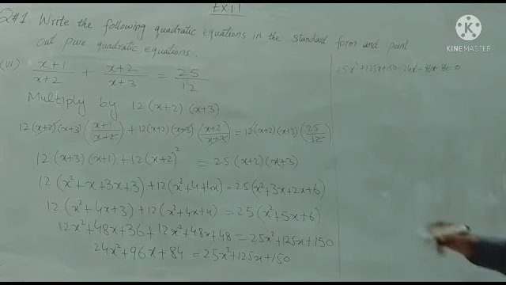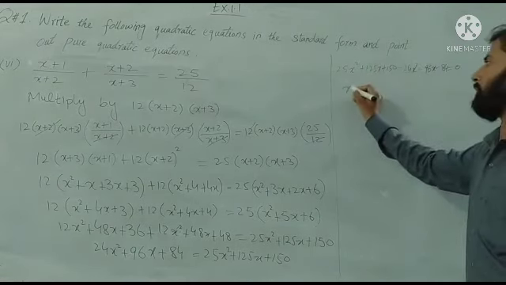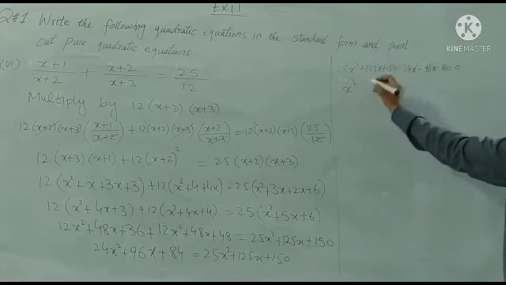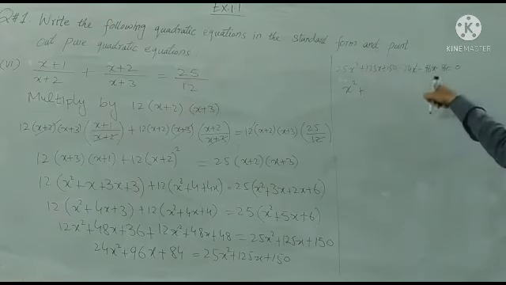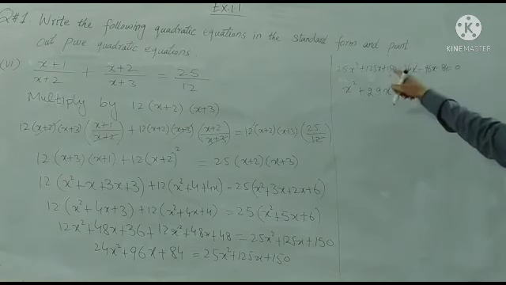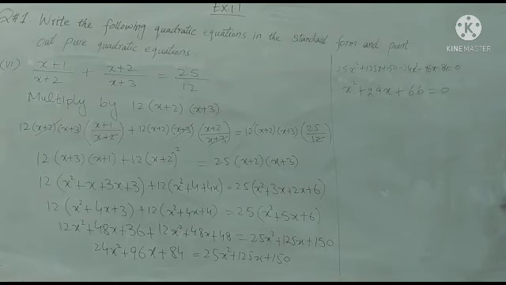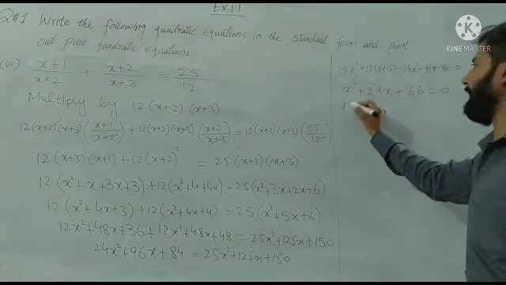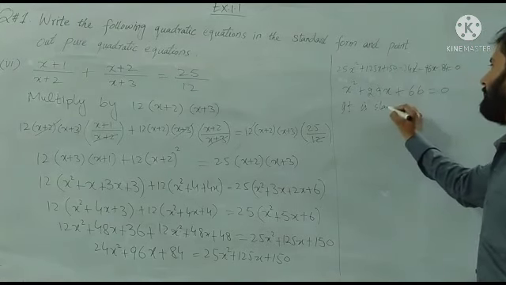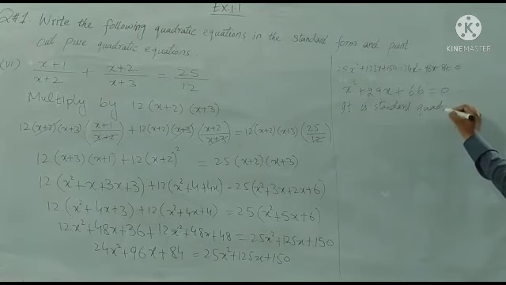Now we are moving towards the simplification. 25x square minus 24x square, it will be x square, and plus 125x minus 96x, it will be 29x, then plus 150 minus 84, so it will be plus 66 is equal to 0. Now there are three terms, so we will write here it is the standard quadratic equation.